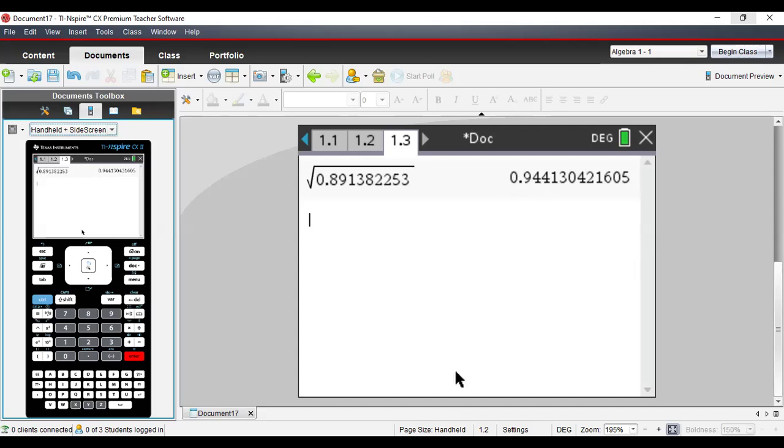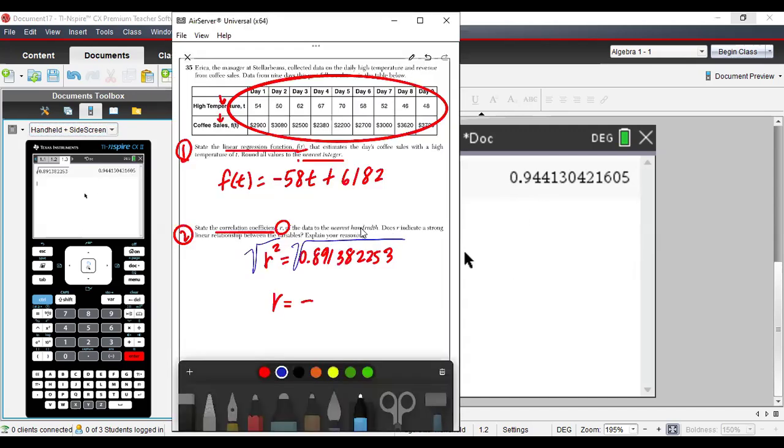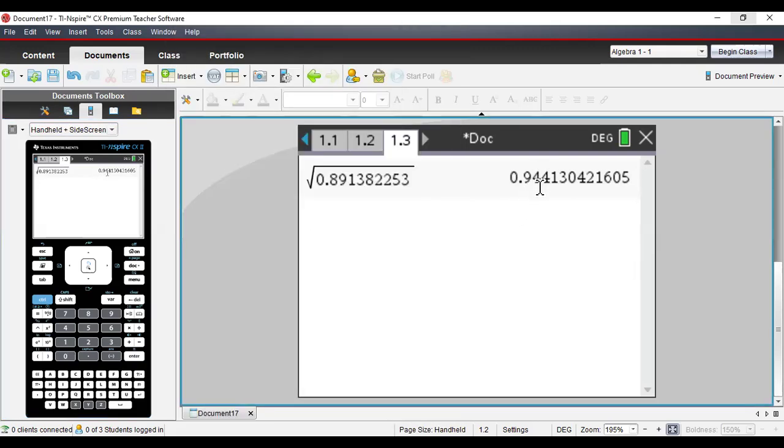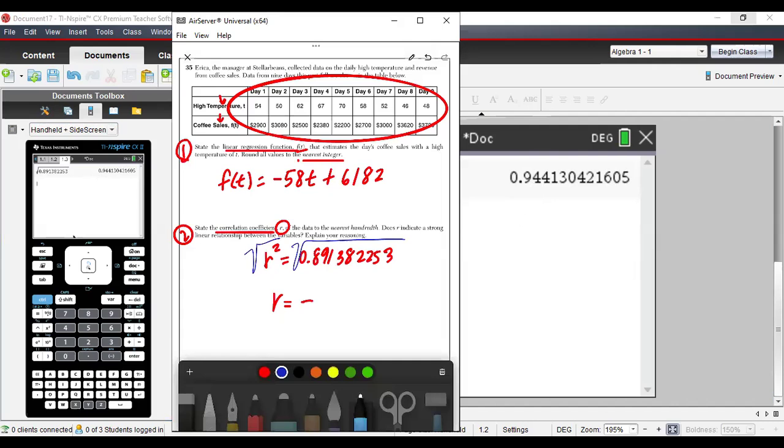And remember, we have to round this to the hundredths place. So if I go here, if you look at the first 4, that's in the hundredths place. So we're going to look to the right, and that's 4 below. So we're just going to drop all of this stuff, and we're going to leave it as 94 cents. So on my exam, I would write 0.94.